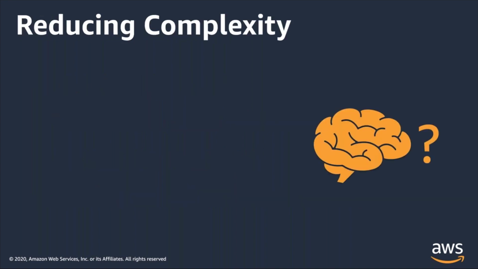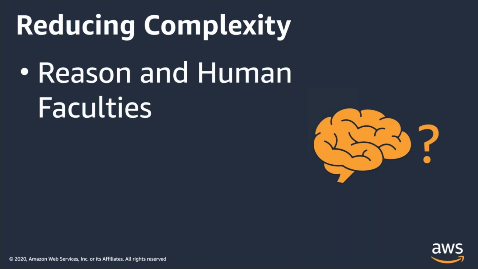Keeping that in mind, one of the primary ways that we ask customers to meet security requirements is by reducing complexity. There are a couple of common patterns that, once you learn them, you can reuse throughout AWS. Even though we have many services, you'll be able to reuse a lot of common patterns. And the key here is what we call internally reason.